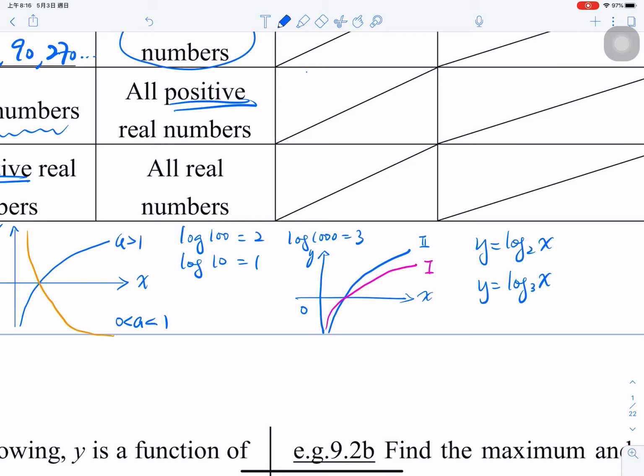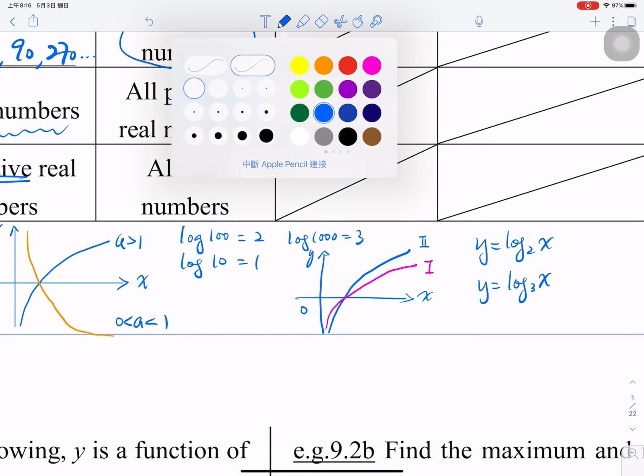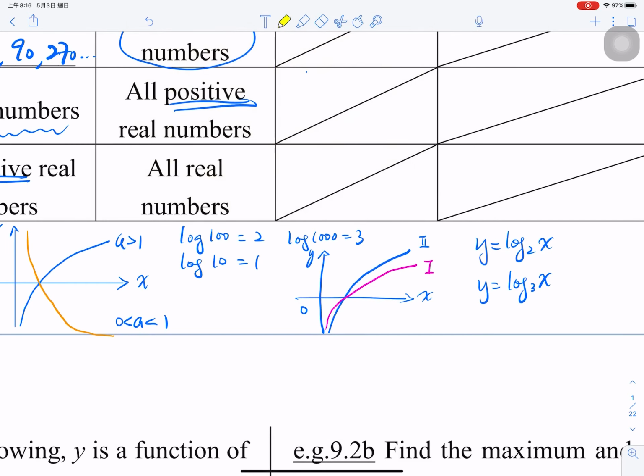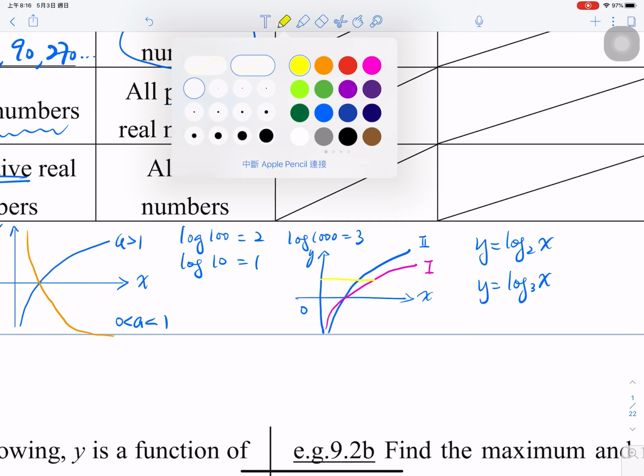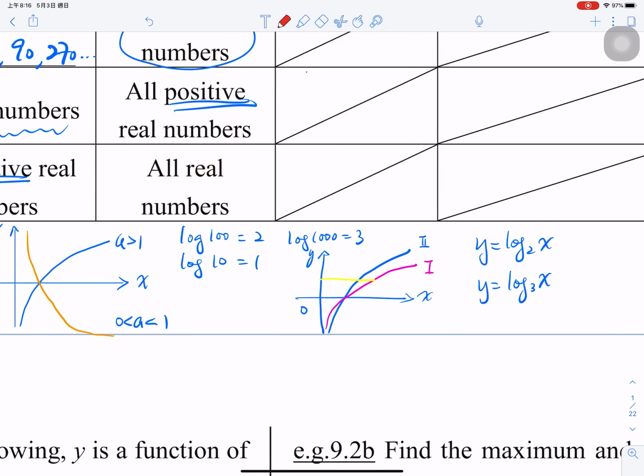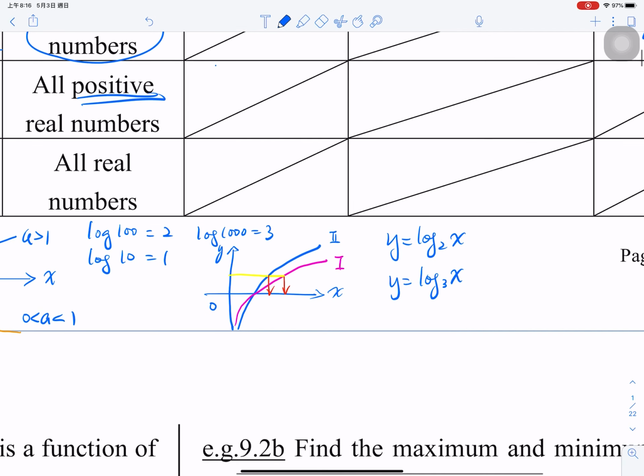Let me give you some hints. When y equals 1, then you cut at 2 points. One is this one, one is this one, right? Then can you tell me, when y equals 1, what is x here?